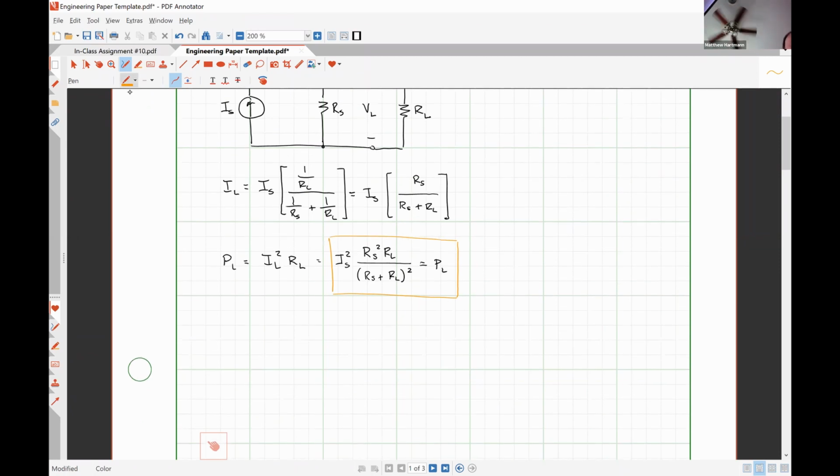So moving forward, part A asks you to determine the value of RL, VL, and IL. So we want RL, VL, and IL when VL multiplied by IL is at its maximum.